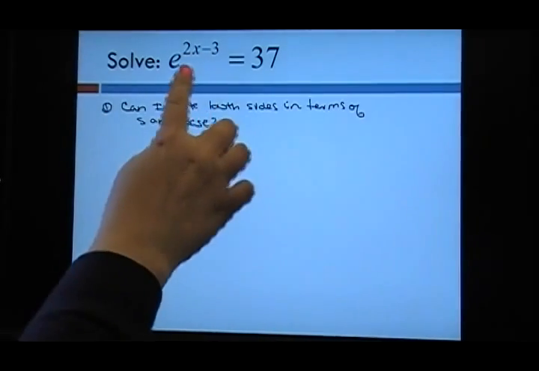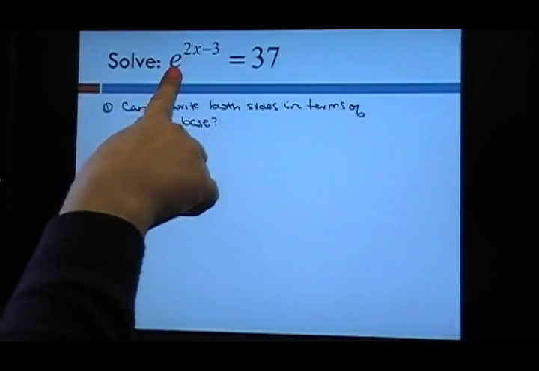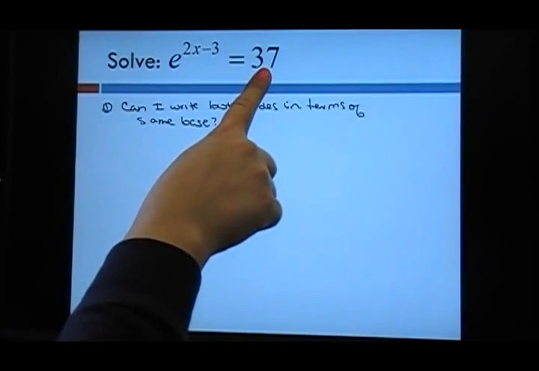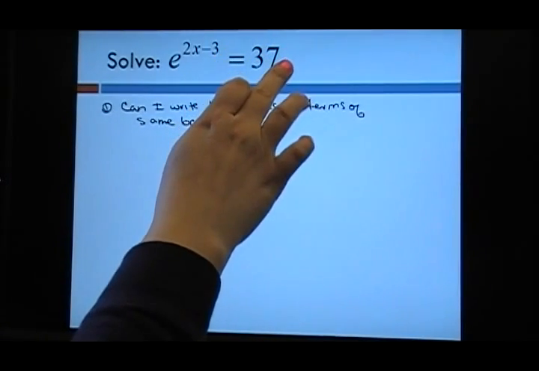So in this case, because I've got a base of e over here, I would need to be able to write 37 as e to a power.